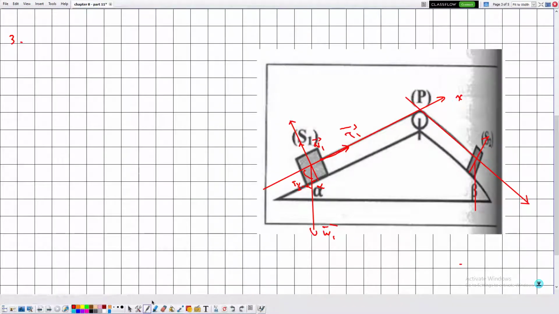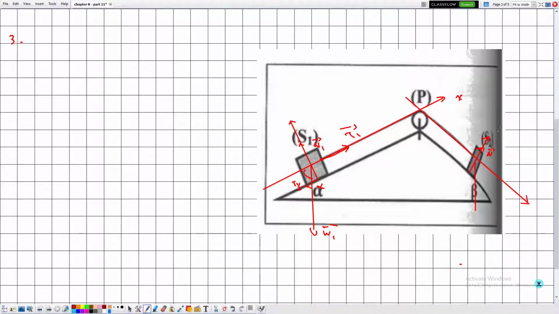So this is the normal, this is the positive y-axis, this is the x-axis, this is the weight W2, normal N2, and we have the tension here along the string, which is tension T2.